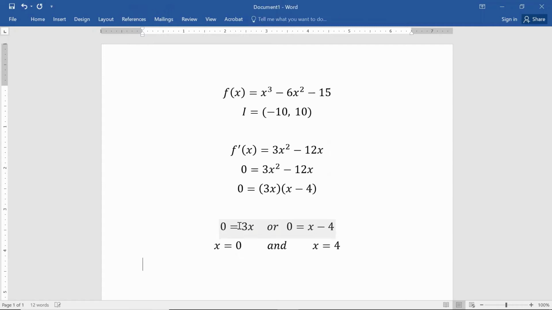In this case, our subintervals are going to be inside of the interval I. So in my case, 0 and 4 are both between -10 and +10, so I'm going to have to use both of them.